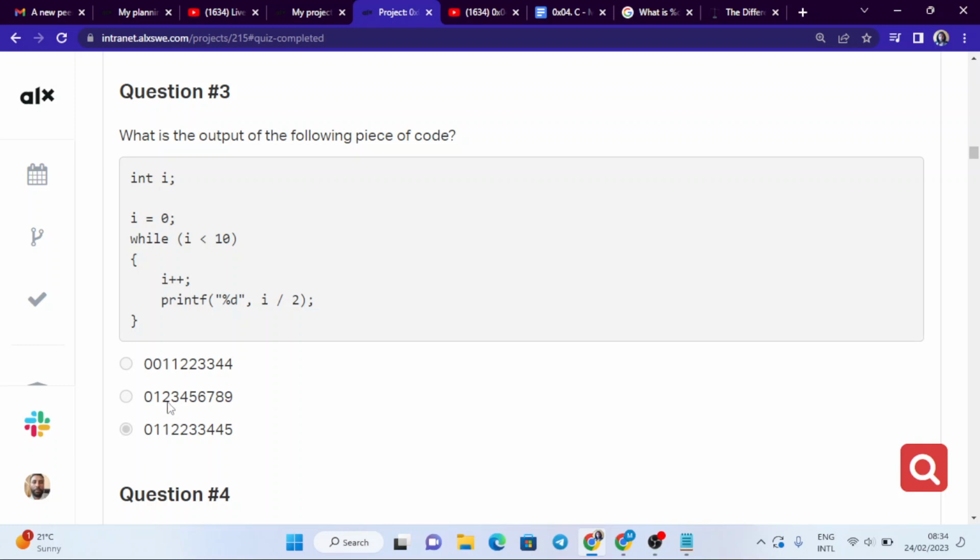Then 3 divided by 2 is 1, remainder of 1, so we check 1.